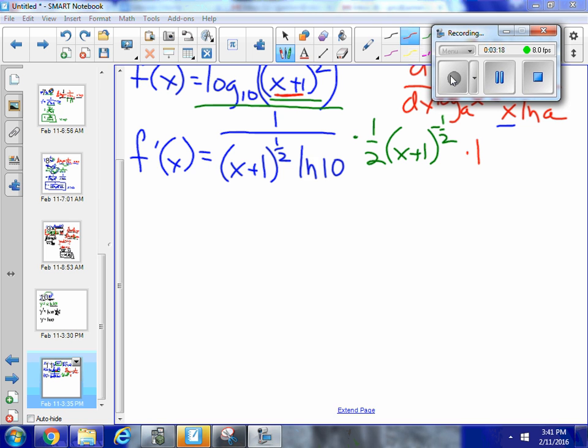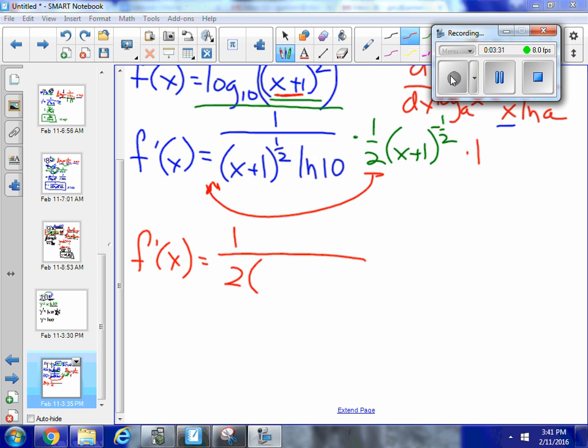Well, if I multiply this 1/2 into the front part right here, this is going to be f prime of x equals 1 over 2, and I have x plus 1 to the 1/2 ln 10, and then this x plus 1 to the negative 1/2, well, that's the same thing as putting x plus 1 to the 1/2 on the bottom, because it's a negative exponent.